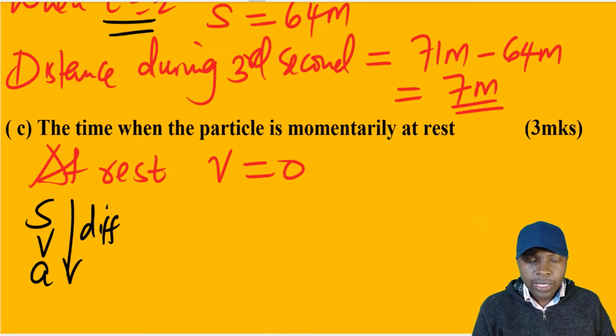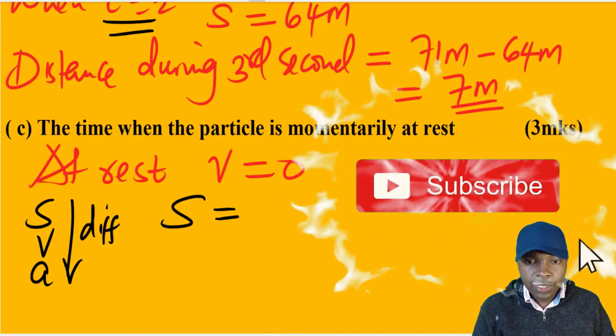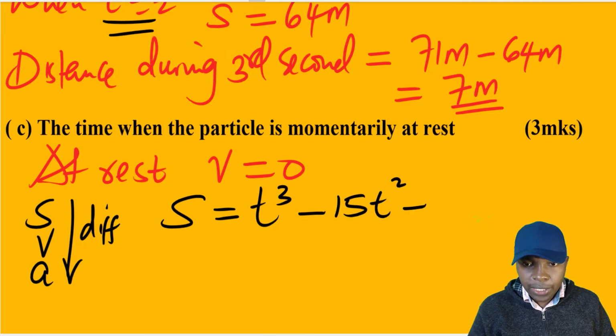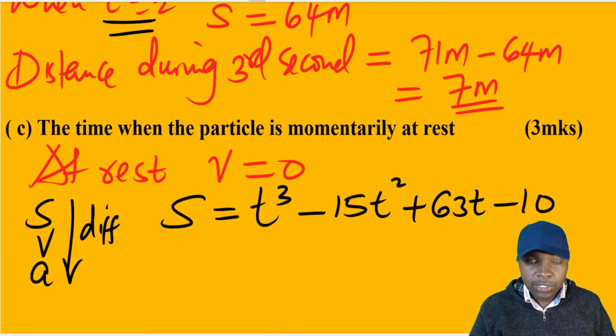So we need to get the expression for velocity. To do that, we shall differentiate the expression for displacement, and when you differentiate that, you obtain velocity.